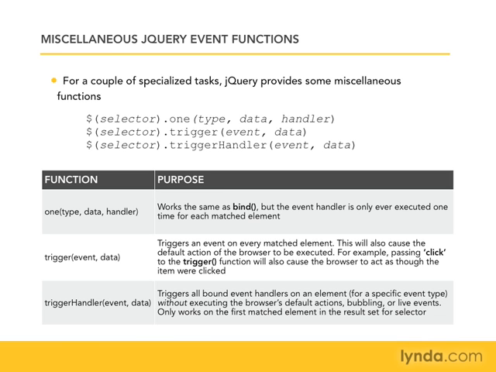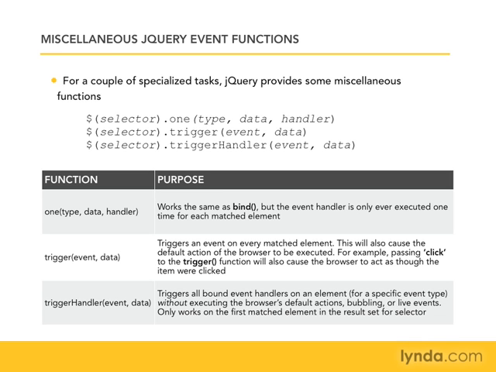The other two functions, trigger and trigger handler, are ways of essentially triggering events from within code without having to wait for the user. The difference here is that the trigger function will trigger an event on each one of the matched elements that come back from this selector. And it will also cause the browser to act as though the user caused the event to happen.